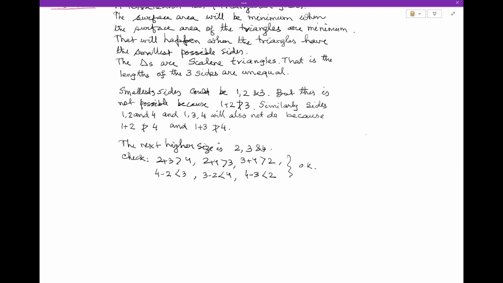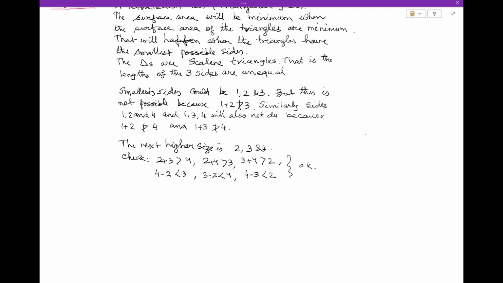That is another property of triangles which is related to the first property, and that property is that the difference of any two sides is less than the third side. If the sides are 2, 3 and 4, then the difference of 4 and 2 is less than 3, the difference of 3 and 2 is less than 4, and the difference of 4 and 3 is less than the third side too.